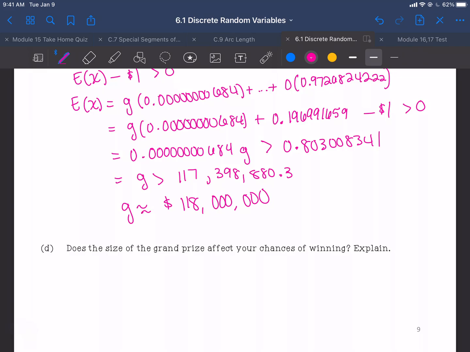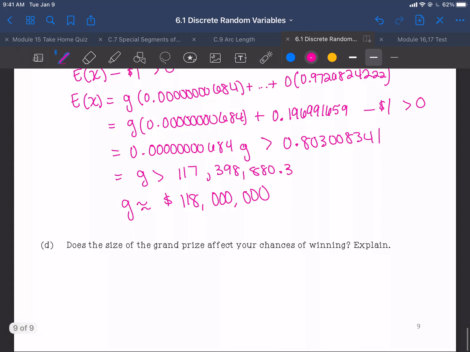So last part, does the size of the grand prize affect your chances of winning? Okay, it does not affect your chances. The size of the grand prize does not affect the chance of winning, provided the probability remains constant.